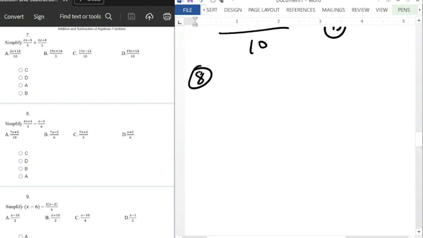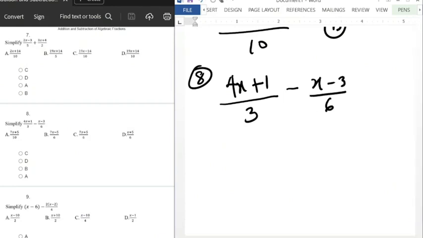Question number 8. We have 4x plus 1 divided by 3 minus x minus 3 divided by 6. For this, we're going to find the LCM of 3 and 6, and that is going to be 6. Some of you will multiply 3 by 6 and it will give you 18.